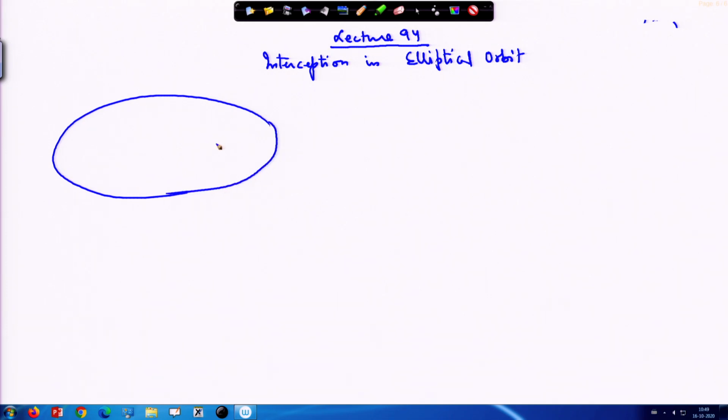So, here the circular orbit and the elliptical orbit are given.